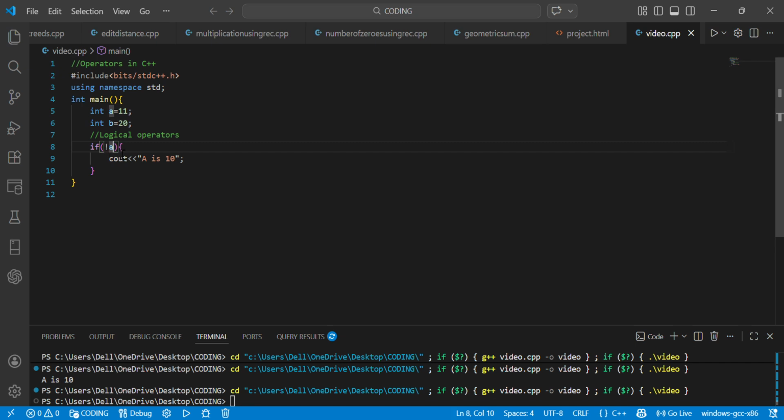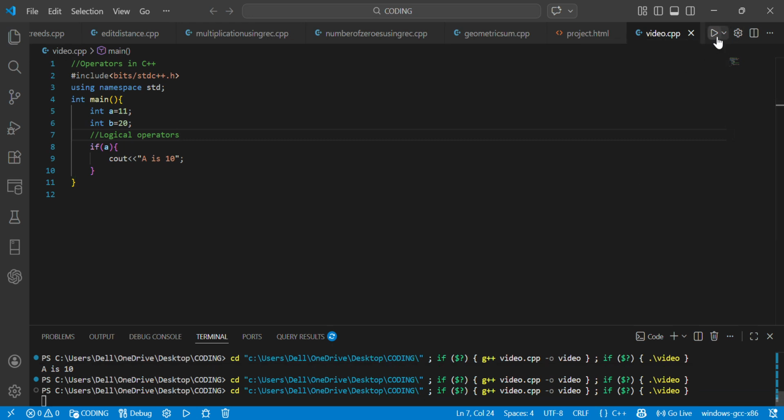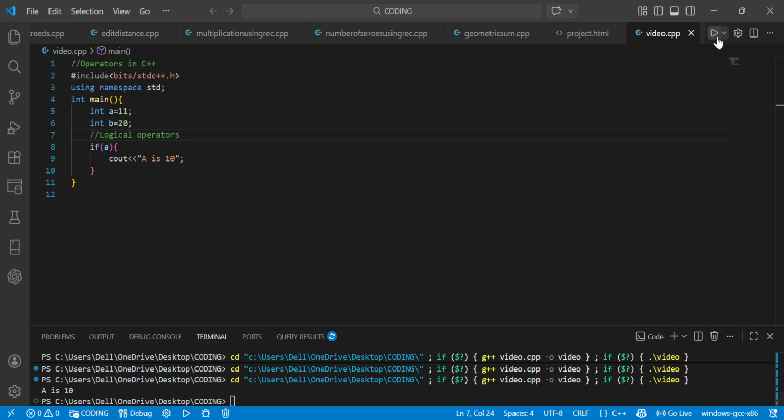If not of a. And if I use if of a, if I input any positive number, it will go to the if statement and give the output. See, a is 10.